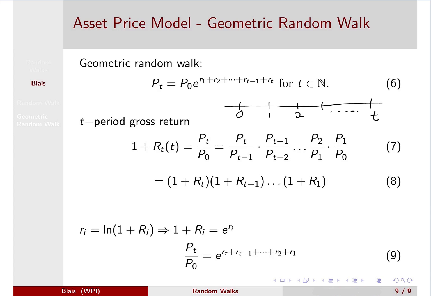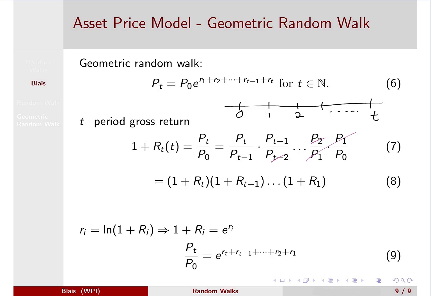But then we note we can do this telescoping trick where we throw in this p_{t-1} in the denominator and in the numerator. Same with p_{t-2}, numerator and denominator, p2 and p1. And we see that we have all this cancellation that happens here. And so we would have our p_t over p_0.